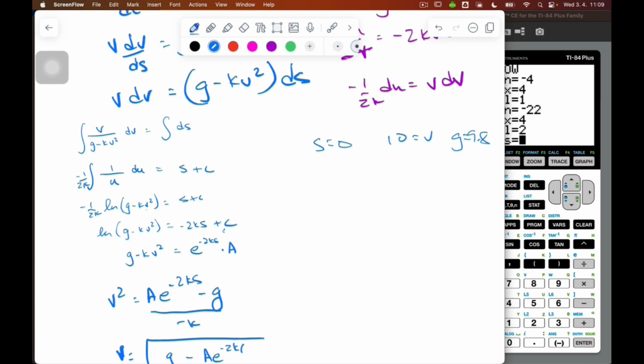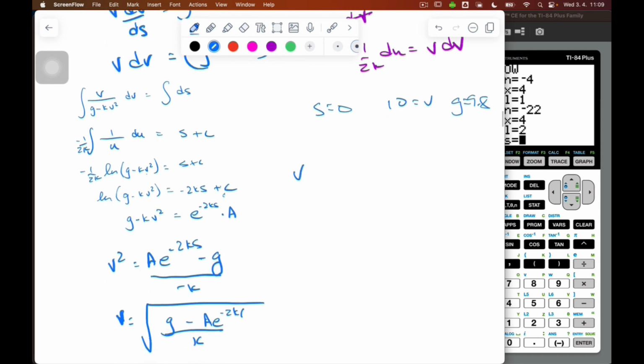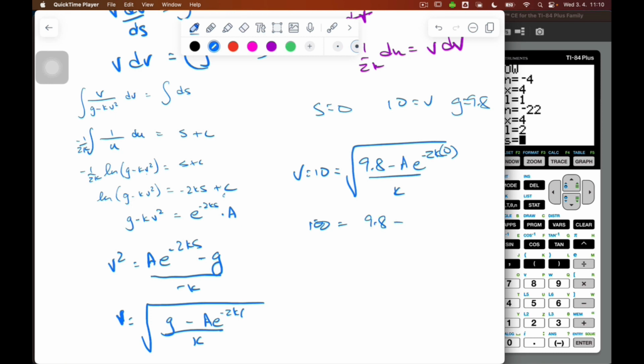If I do that, then I can say v is equal to 10, the square root of 9.8 minus A e to the minus 2k times 0, over k. And this says that 100 is equal to 9.8 minus A, over k.